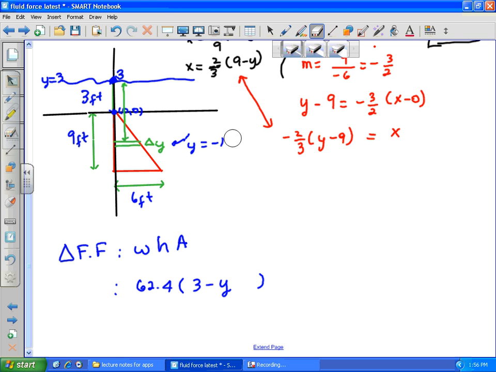Okay. How about the length of your triangle? Okay, the length of the triangle once again is x, right? And the width is delta y. Once again, I need to get rid of the x in terms of y, but it's a little bit easier this time.